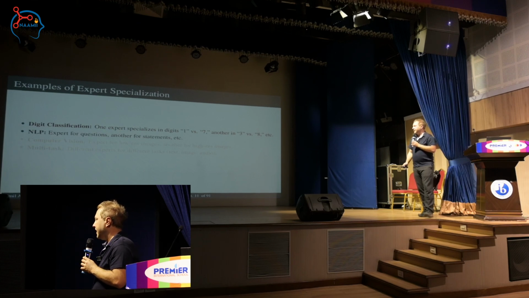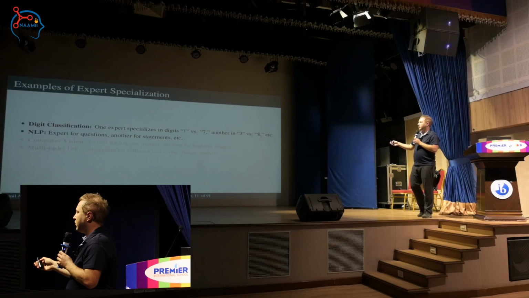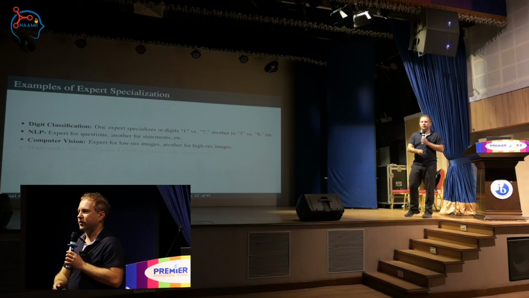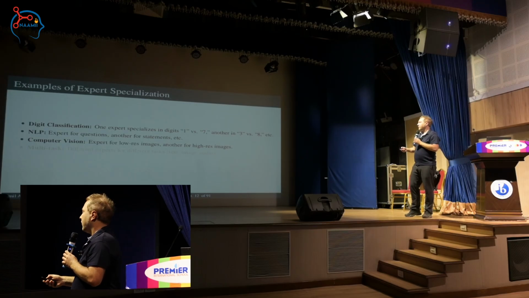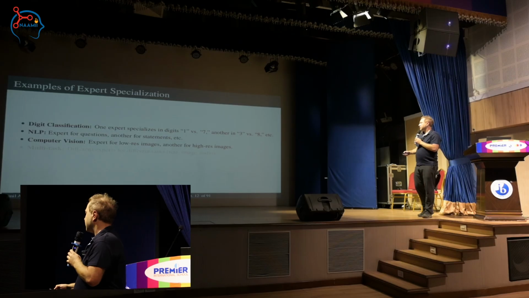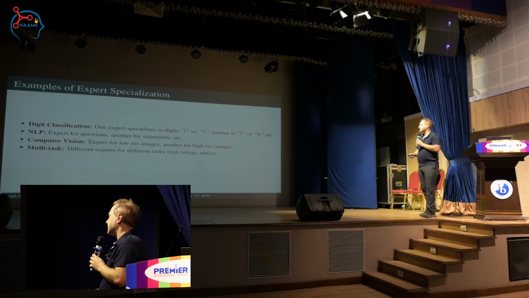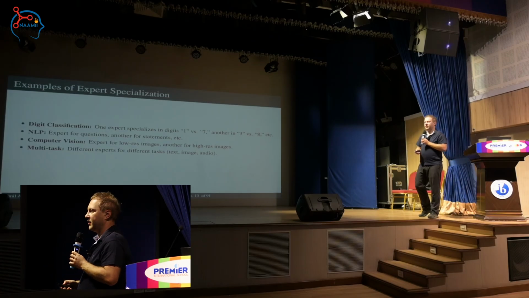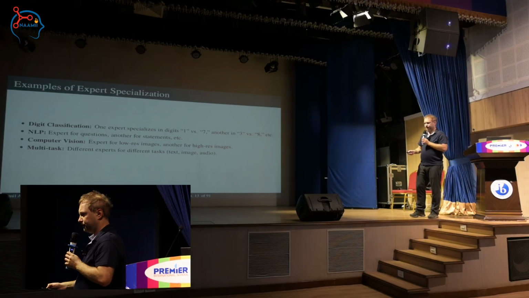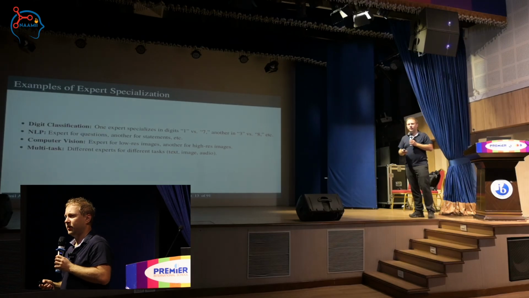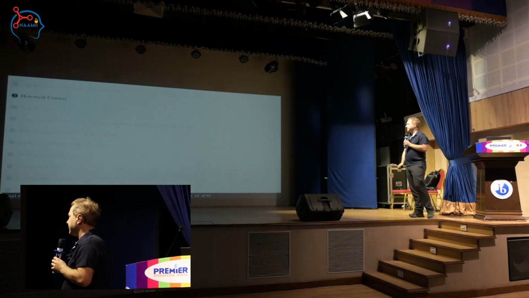In NLP, for instance, there could be experts for questions and another for statements. In computer vision, maybe one for low resolution images and another for high resolution images. For multitask, we can divide it between different tasks for text, image, and audio. These are the ideas behind the mixture of experts.